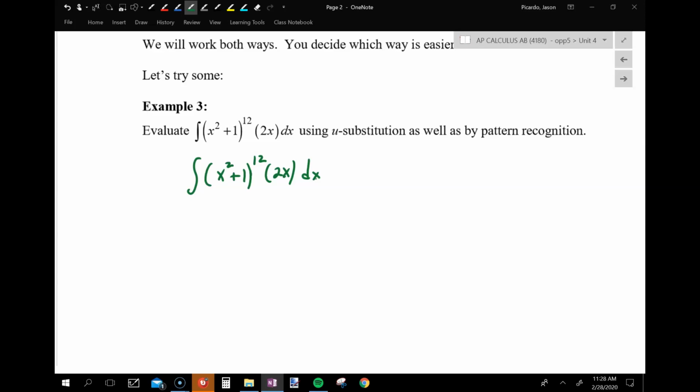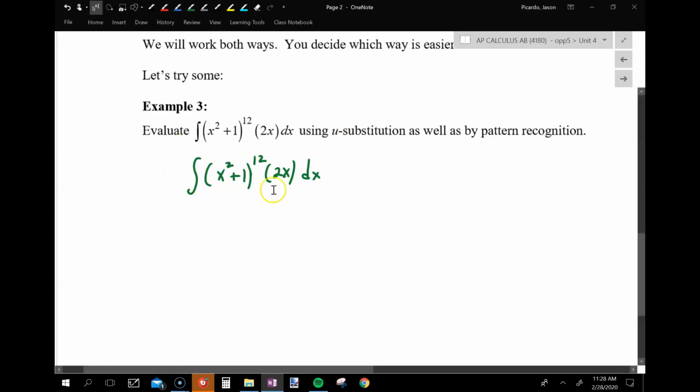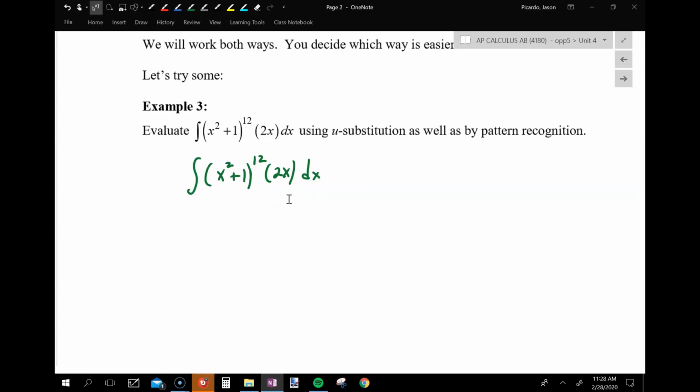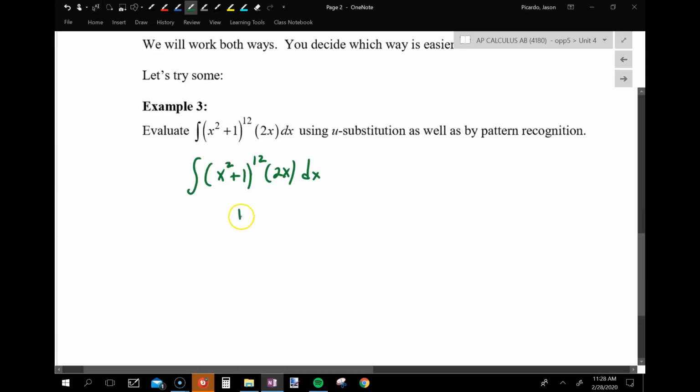Just give me thoughts. I'm taking an integral of this. So what do you think this antiderivative had in it? Great, that's what I was looking for. Something to the 13th power, right? Okay. Well, what was probably raised to the 13th power? X squared plus 1, right?